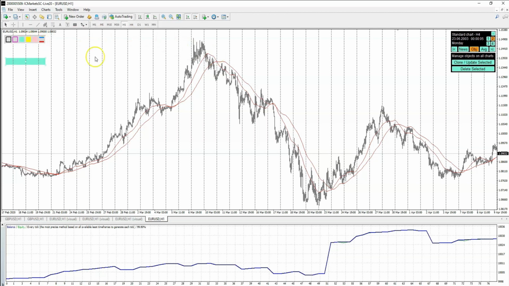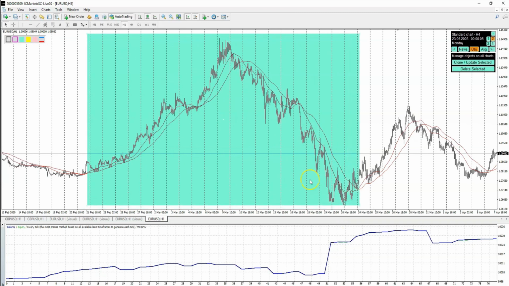Now, what if this was all the data you had available to you? You'd say, well, this is a golden system, right? It crosses here, you make money, maybe a little loss, you make more money. And look at these big winners. Look at these massive winners. You would absolutely 100% want to go with this strategy.